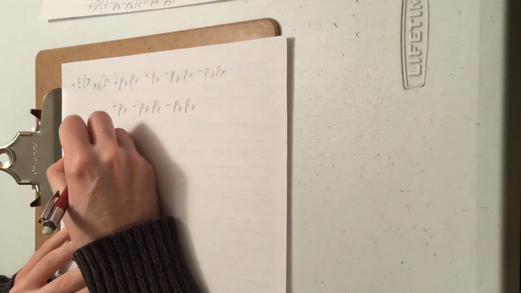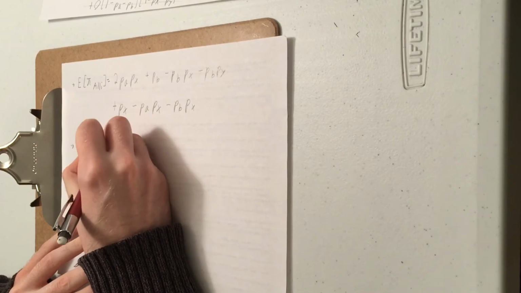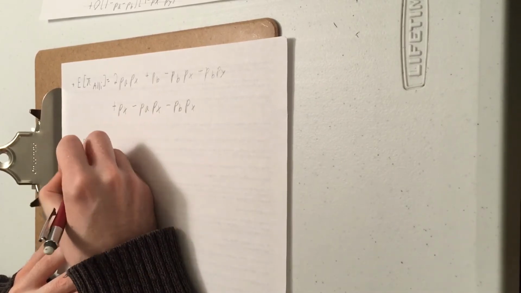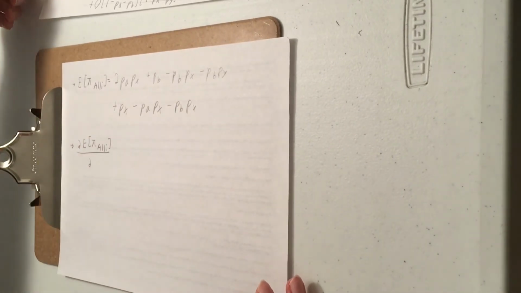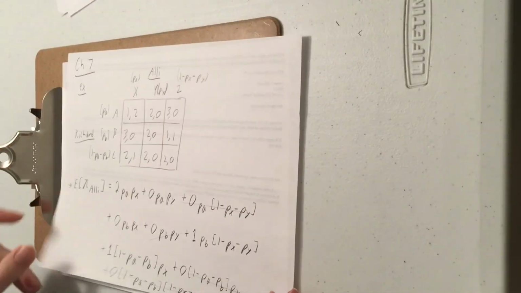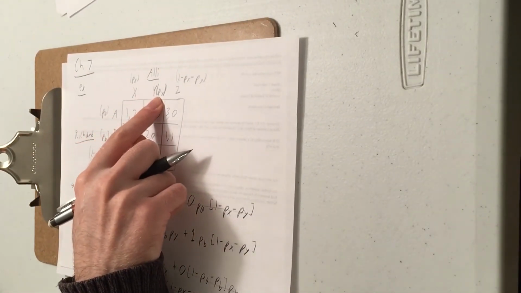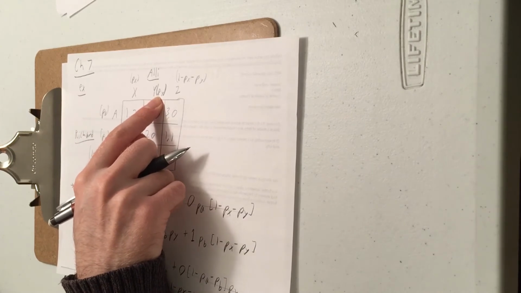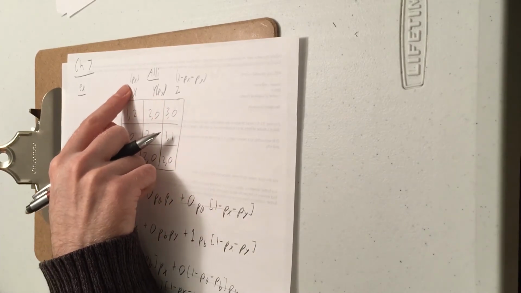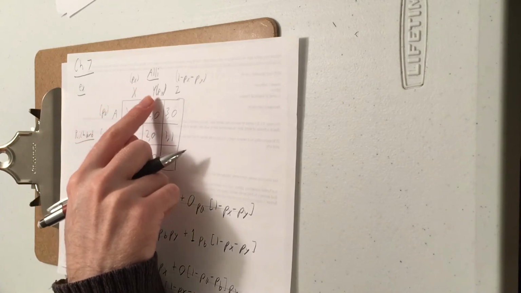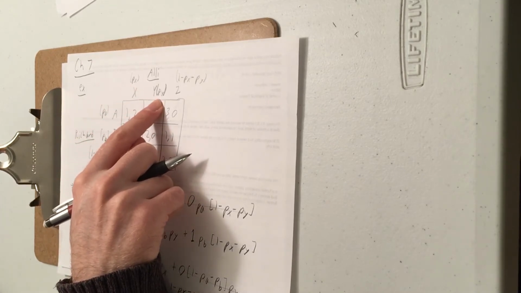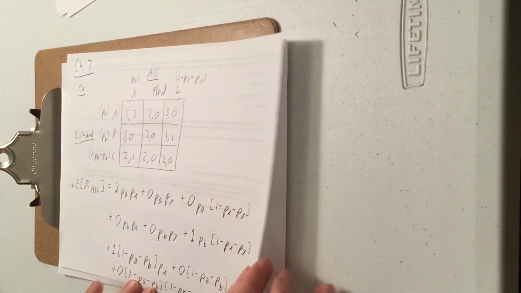Now I take partial derivatives. So which partial derivatives do I take? So in our game, Allie controls PX and PY. So you take one partial derivative with respect to PX, take the other one with respect to PY.